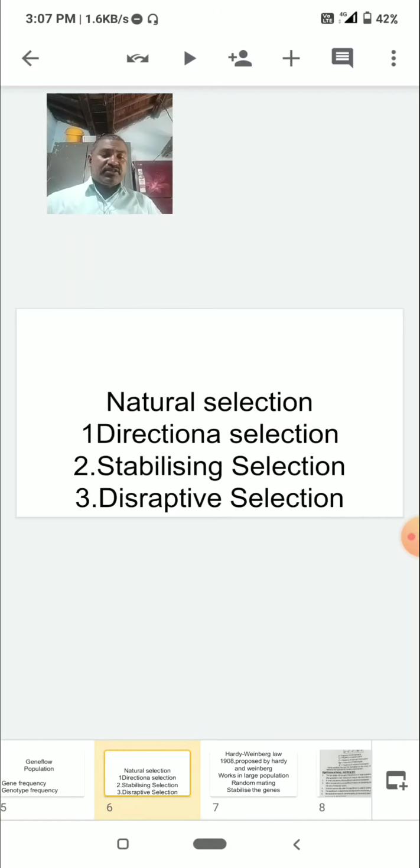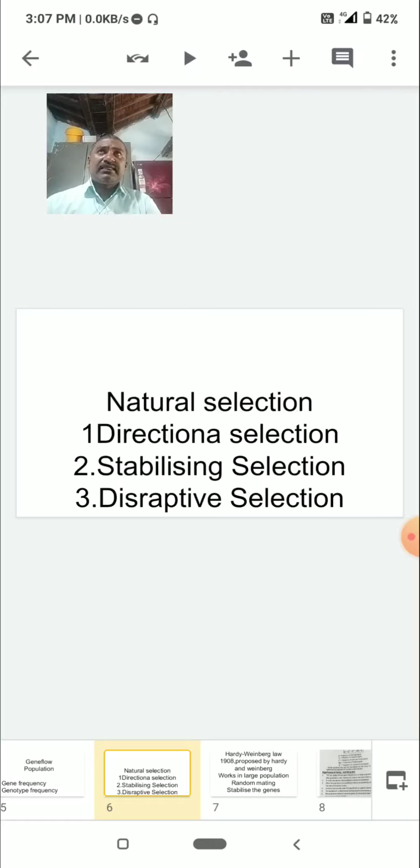Next one, natural selection. This theory was proposed especially by Charles Darwin. The first three, gene flow, genetic drift and mutations, take place whenever changes take place in the gene.